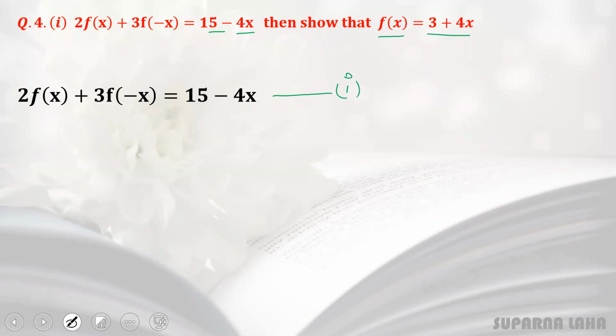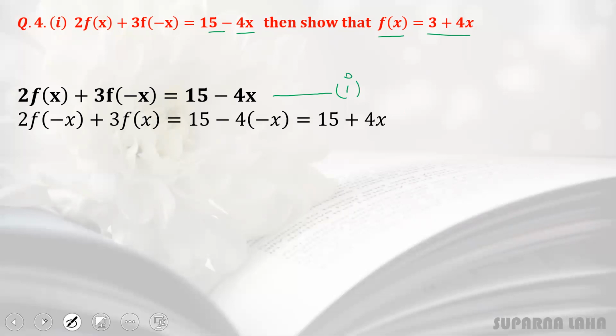Now put x equal to minus x, that is, in the place of x, putting minus x. So we will find 2 of f of minus x plus 3 of f of x, and 4 into minus x, so ultimately 15 plus 4x.